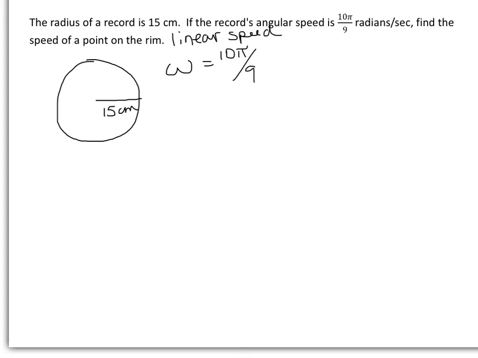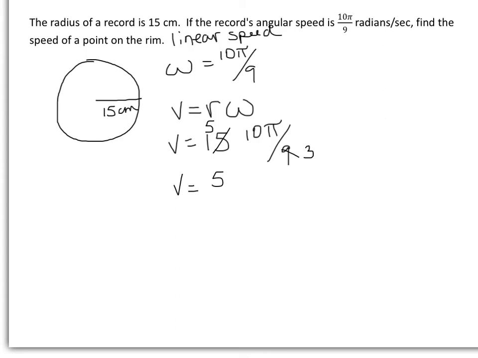The formula that I need to relate linear speed to angular speed is that linear speed is equal to the radius times the angular speed. Well, luckily I just got all that information. The radius is 15, the angular speed is 10 pi over 9. I can simplify this. 3 goes into 3 one time and into 15 five times.